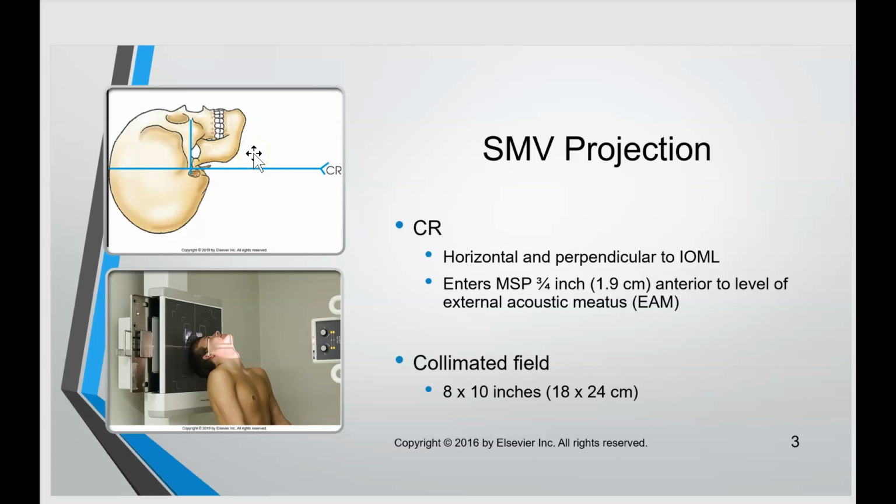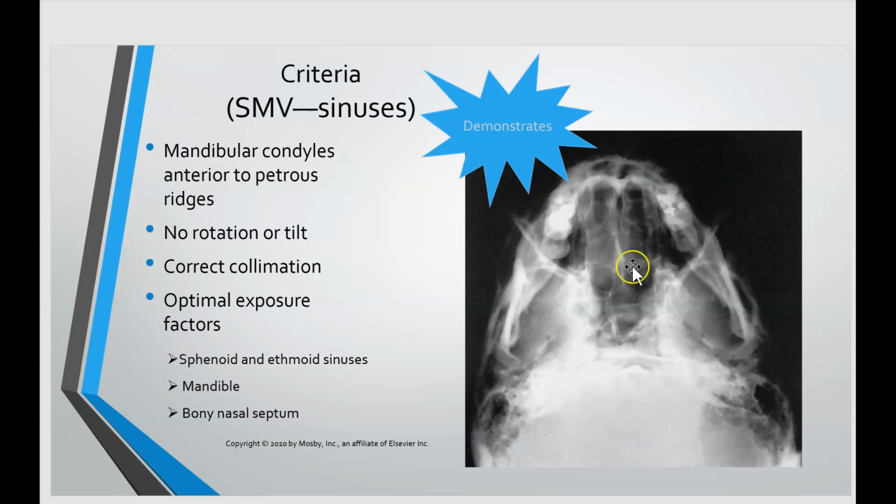Okay, collimation once again is going to be 8 by 10. It's going to extend a 1/2 to 1 inch beyond the tip of the nose and on your lateral sides, and should be no larger than an 8 by 10. As usual, your 10 by 12 is lengthwise in your bucky.